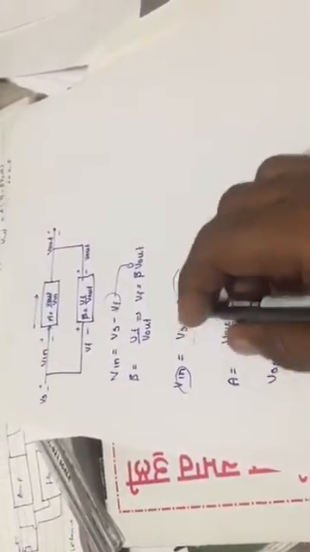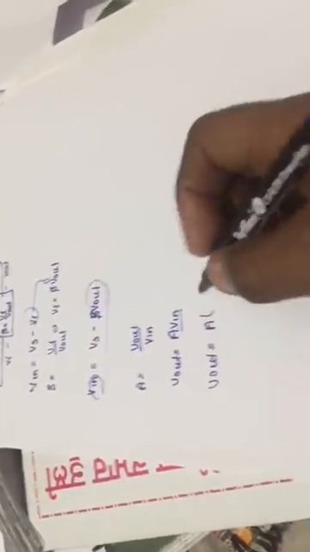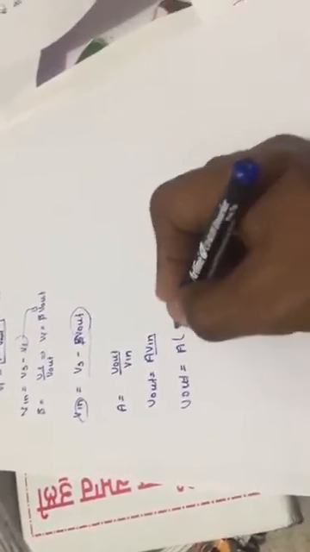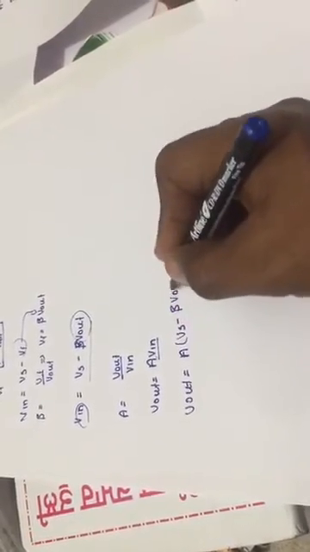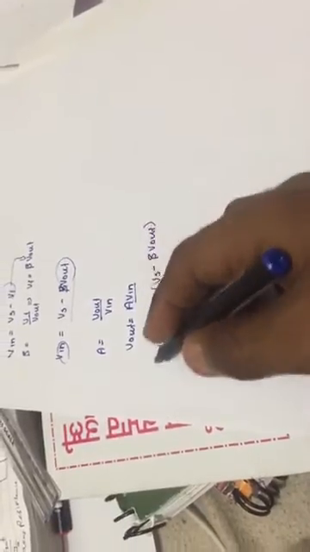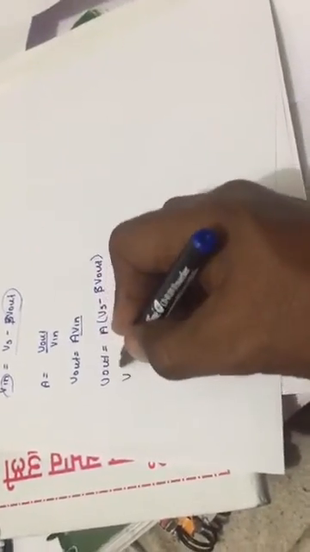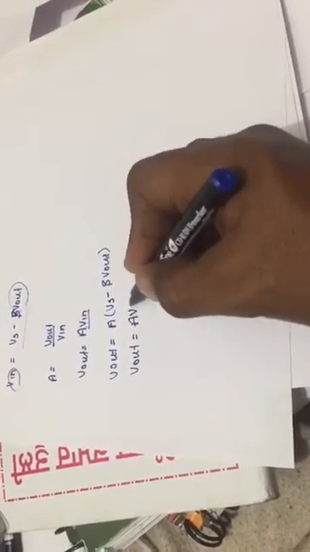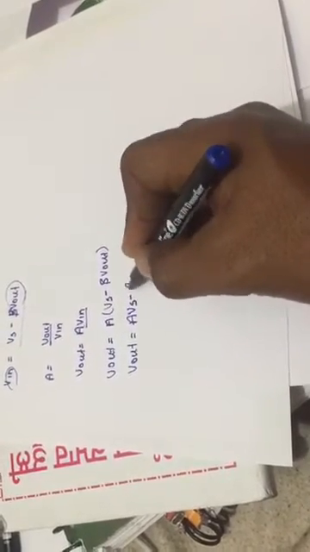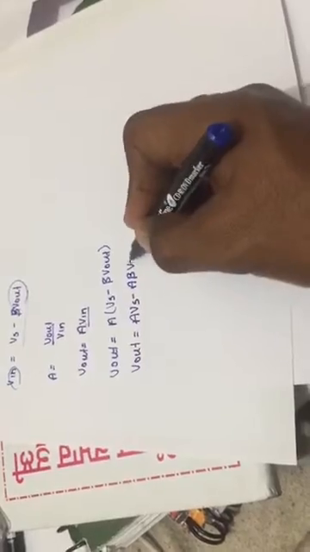V in is equal to Vs minus beta V out, so V out is equal to A into Vs minus beta V out. Multiplying A inside, V out should be equal to A Vs minus A beta V out.